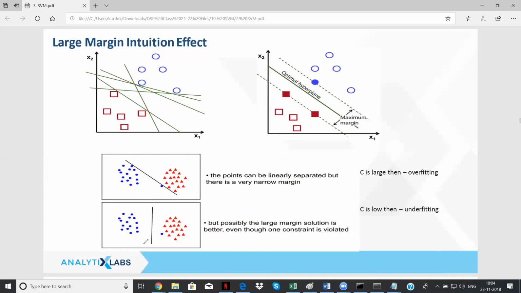But look at the line below here. Yes, I'm compromising on this blue point over here, right? Yes, I'm doing one tiny level of misclassification in this example, but that's okay because I have an optimal variance. Yes, so I'm reducing the possibility of overfitting.